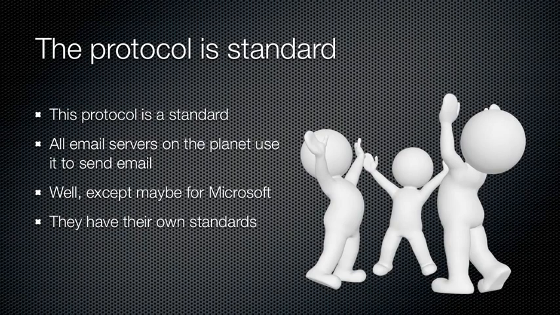In their infinite wisdom, they kinda sorta support the SMTP protocol, but they kinda sorta don't. Well, it's very flaky. I have seen many places where they just did something against the protocol. Just because they are Microsoft and there are a gazillion people using their product, they just ignore it. But other than that, all others adhere to it and use it.